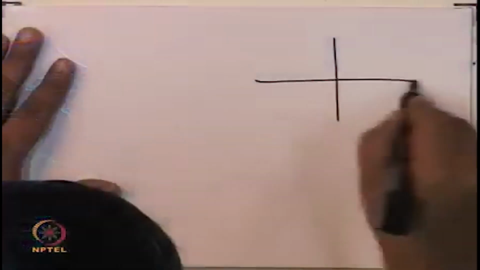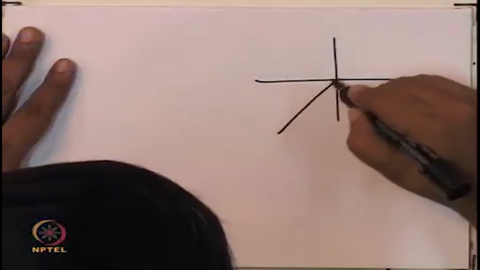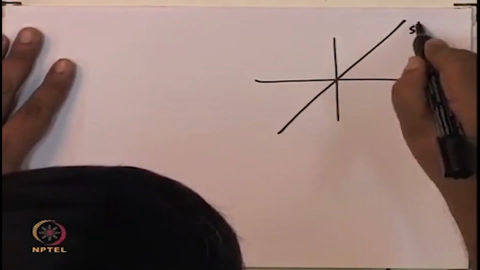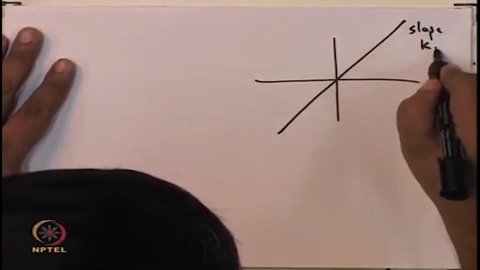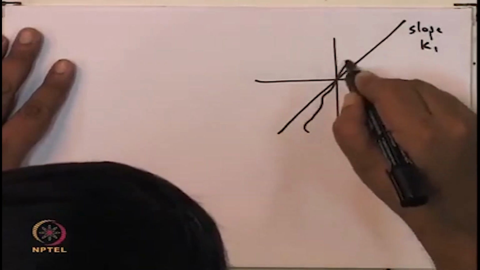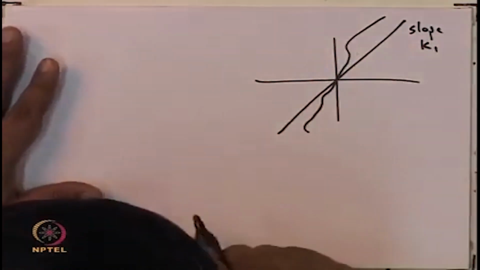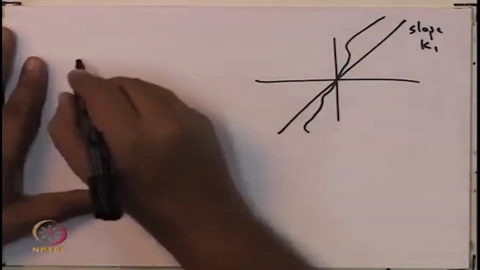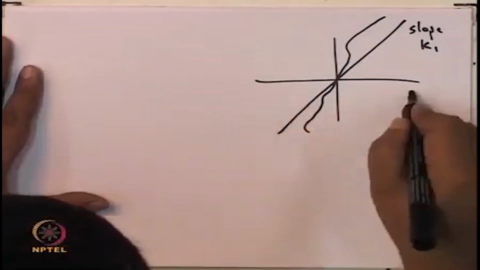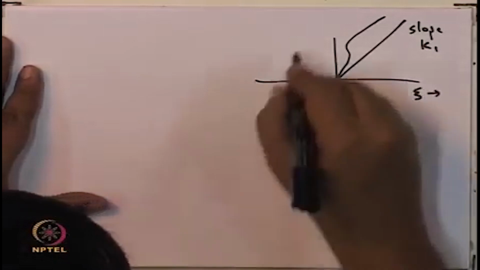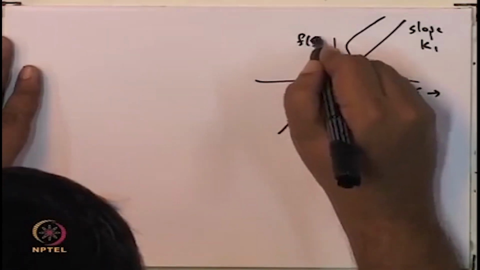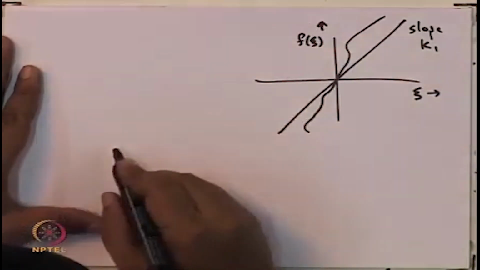So, this is slope K1 and you have a nonlinearity like that. What we had just written was that the input of the nonlinearity is psi and f of psi is the output of the nonlinearity.